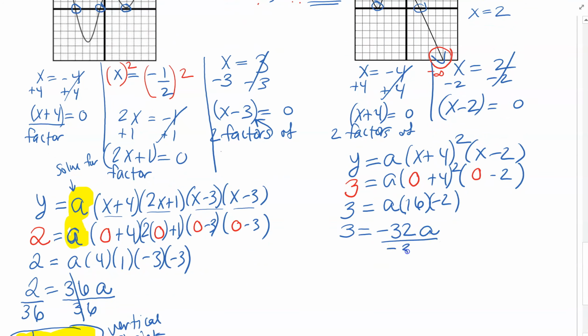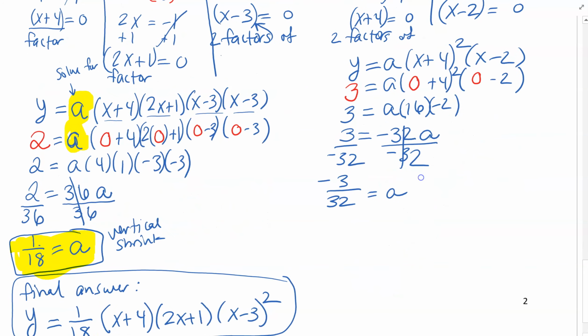To get a by itself, I divide by negative 32, and I get a is equal to negative 3 over 32. So it's also a small fraction like it was in number 5. There must have been a vertical shrink and a vertical reflection in this particular graph. But that's what we expected, right? This looks about right because we were expecting our a to come out negative.